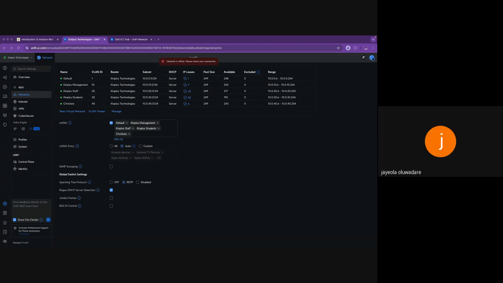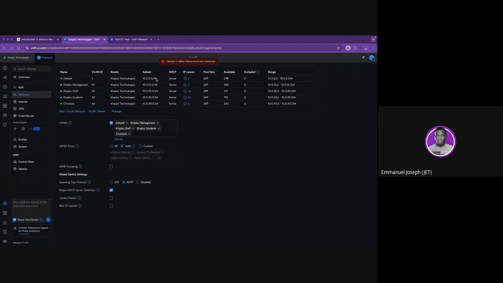Ask your question. This subnet here, from the default, it falls under class A. Am I right? This default subnet is not in class A. It's in class C, because we're having the /24.